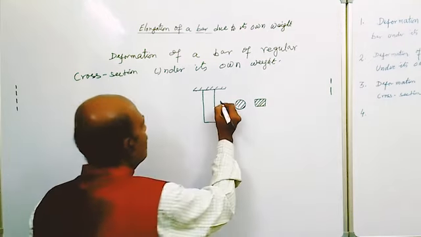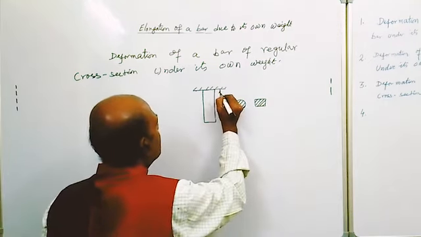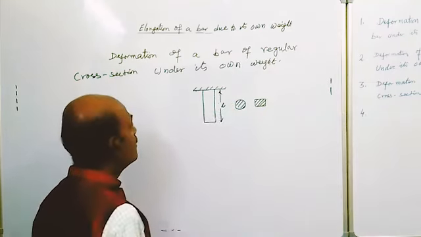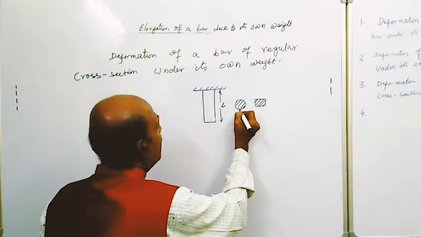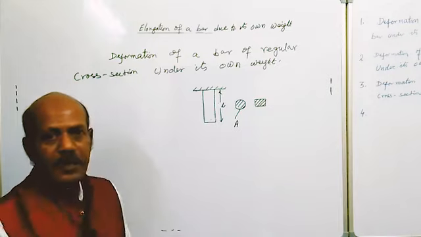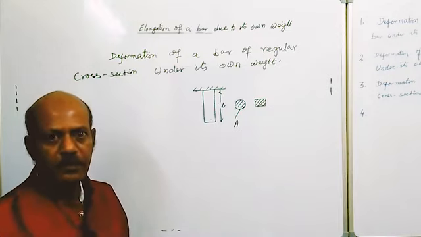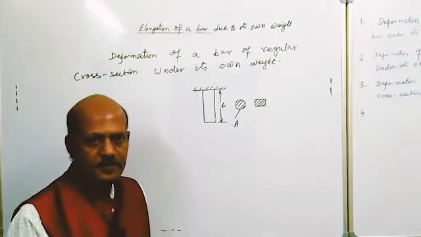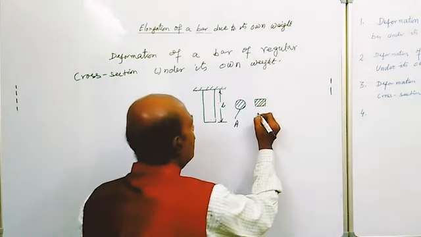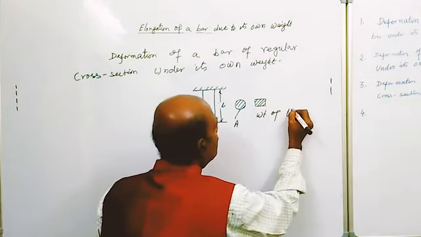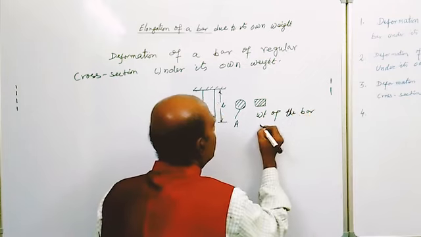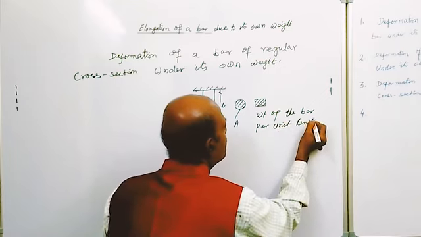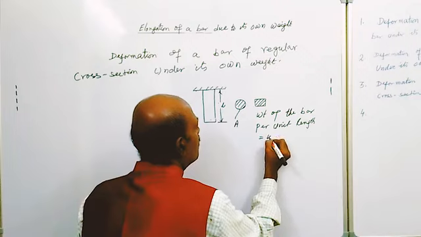Now the length of the bar, say L is the length of the bar, and say the cross sectional area is given by capital A. So the cross sectional area of the bar is capital A and the length of the bar is L, and the weight of the bar per unit length is given as small w.